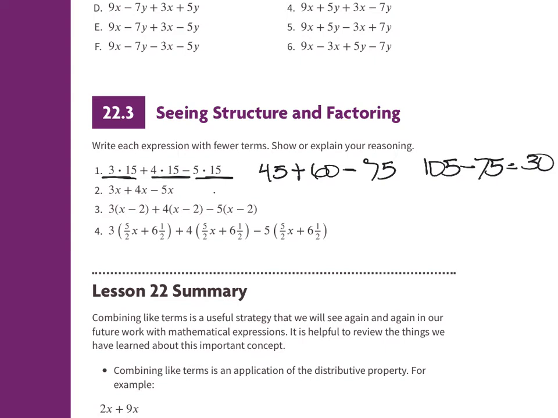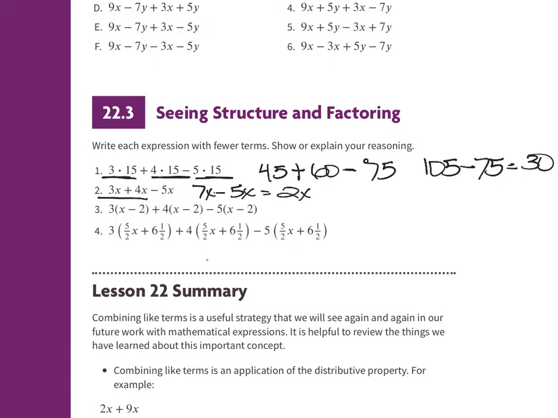All right. Number 2, they're all x's, so once again, we can combine them all. All right. So because there's a plus and a minus, we just start at the beginning. So 3x plus 4x is 7x, minus 5x equals 2x.